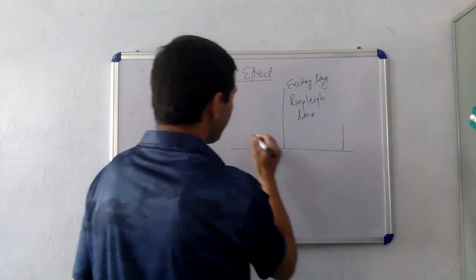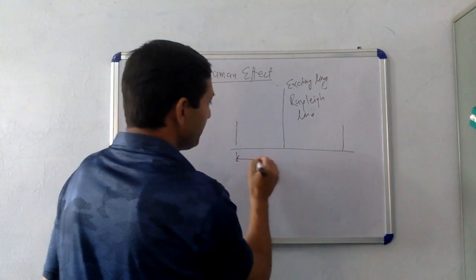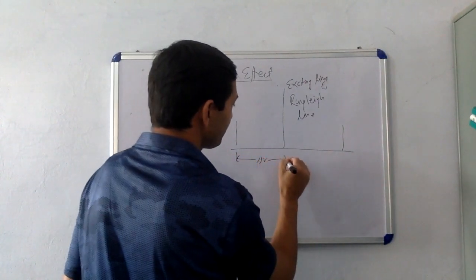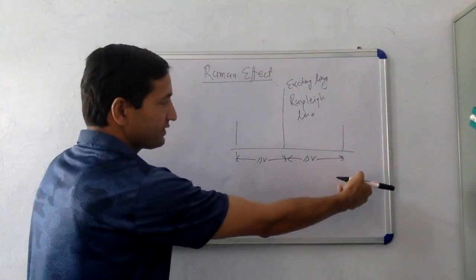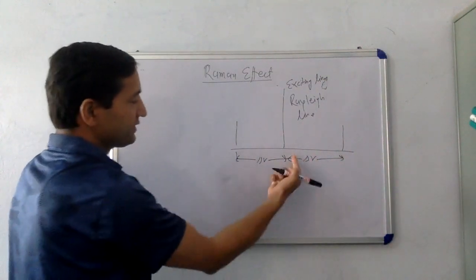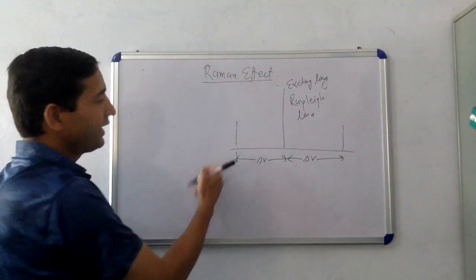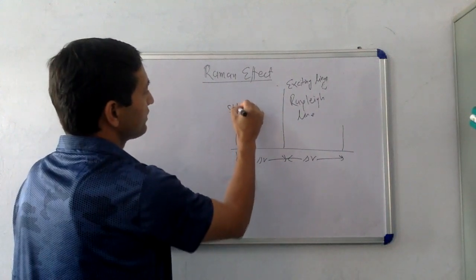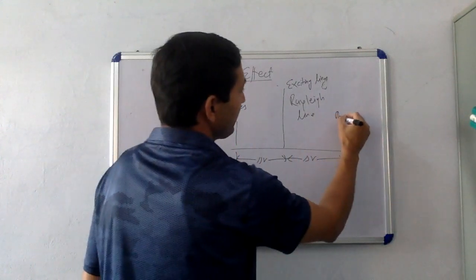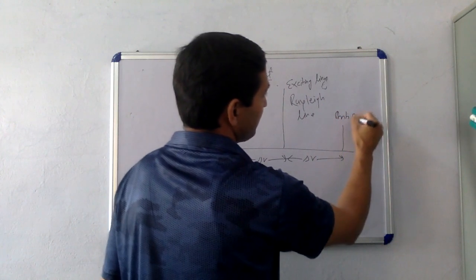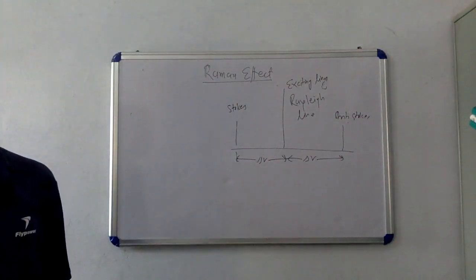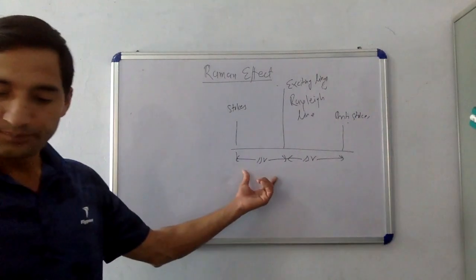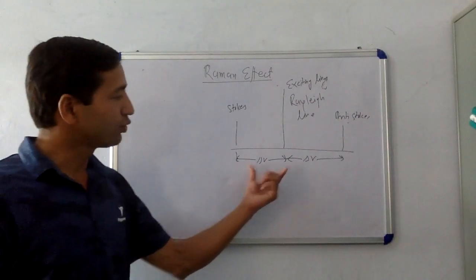Here we also get two lines, separated by a delta nu. One is on the higher wavelength side, lower wave number side, and the other on the higher wave number side. These are called the Stokes lines and the anti-Stokes lines, and they are separated by an equal distance.